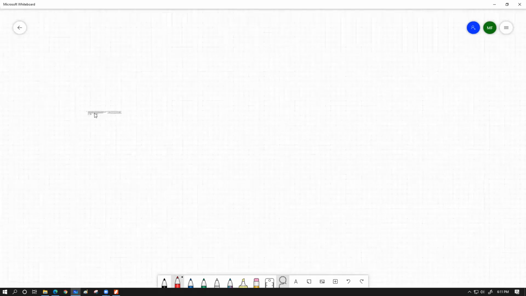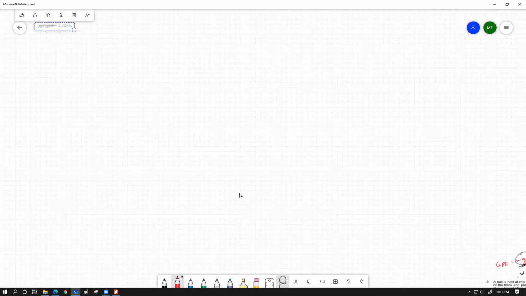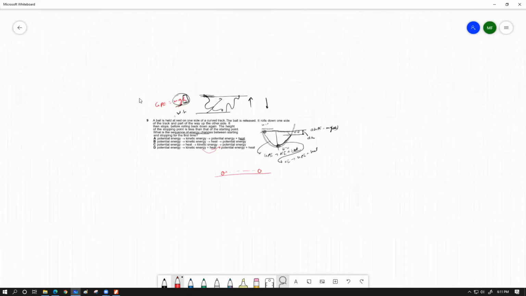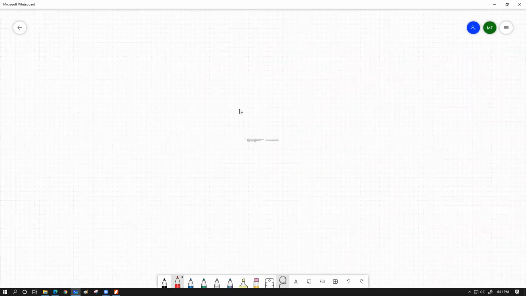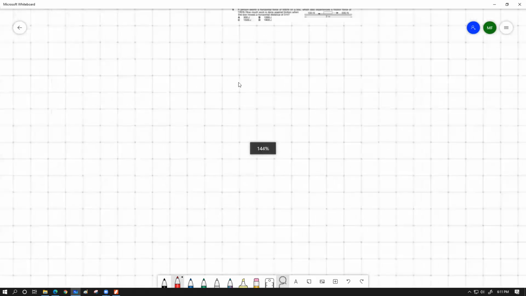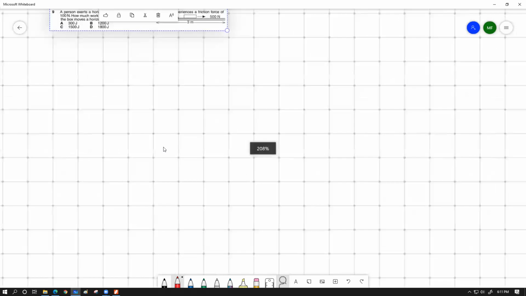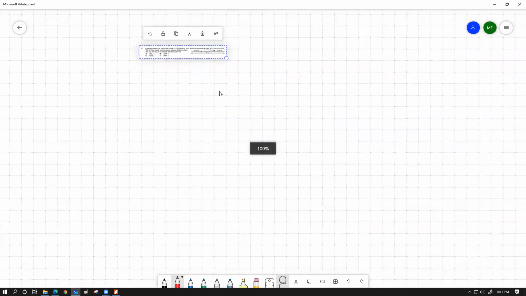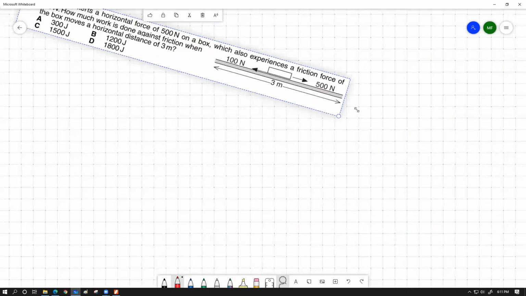Oh, there is no practical end to this thing. Never mind. This whiteboard can be as big as I want it to be. Okay, so I'm just going to place it down right over here. Then zoom in and yes, keep it 100% and make it bigger.